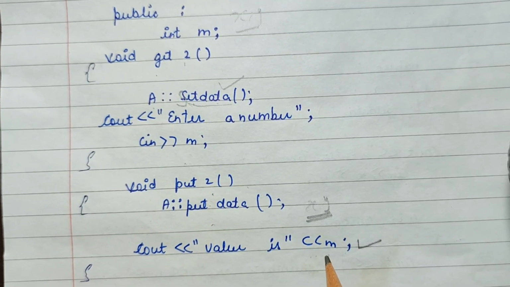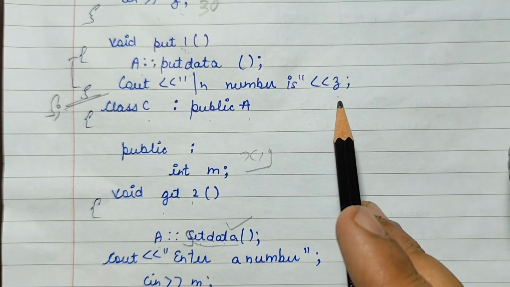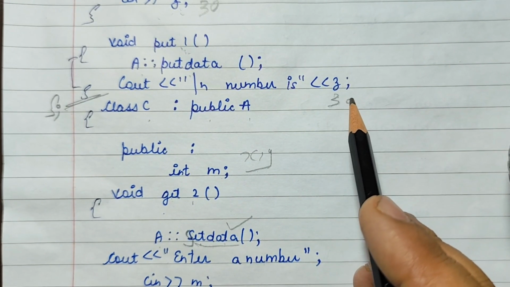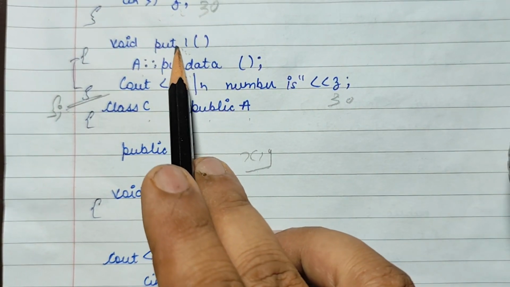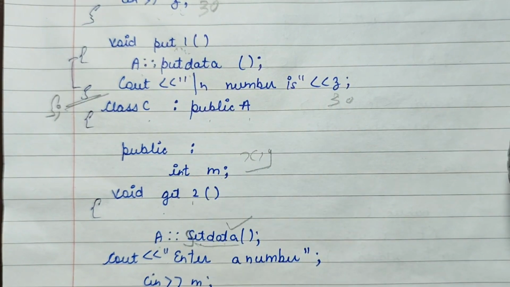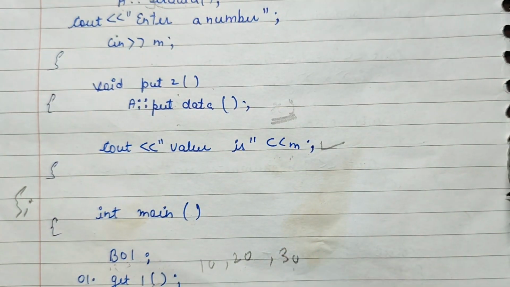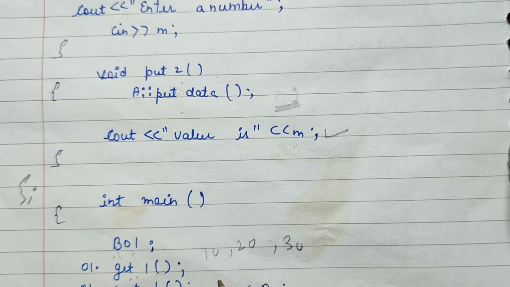Sorry, value of z will display. Sorry, value of z is 30, so 30 will display. Because we are calling put one member function. So here what value will display? So in put one member function, 10, 20 and 30 will display.